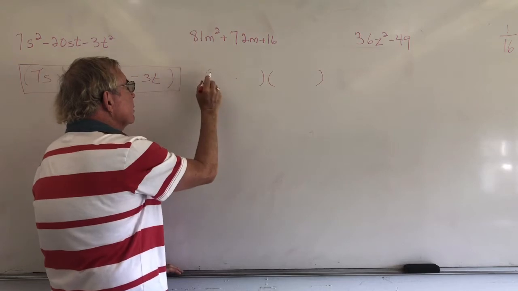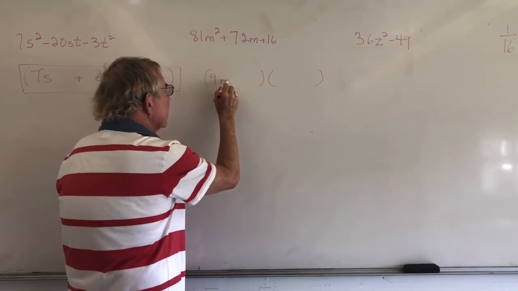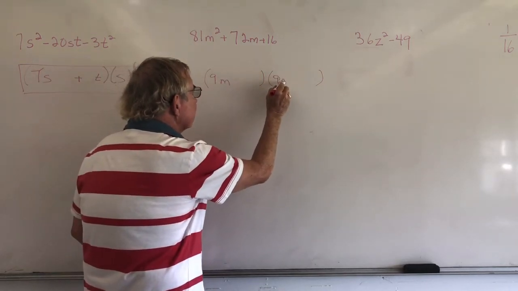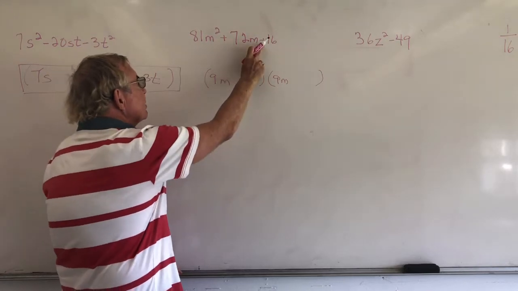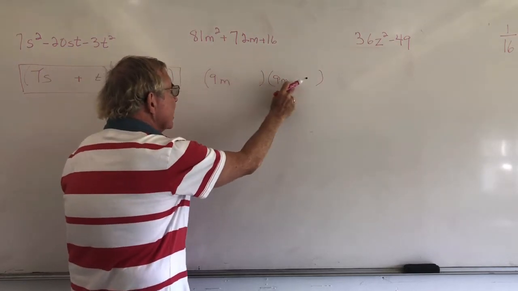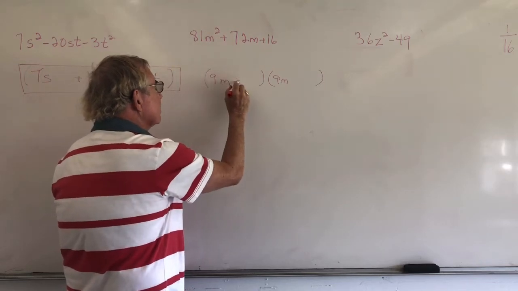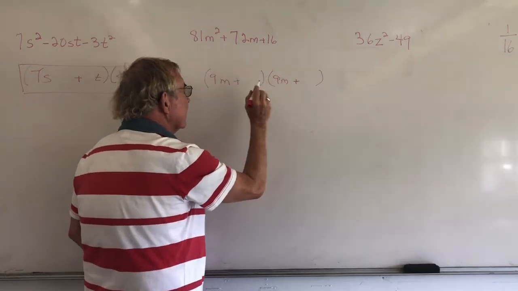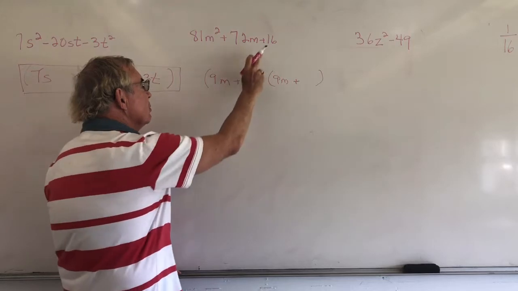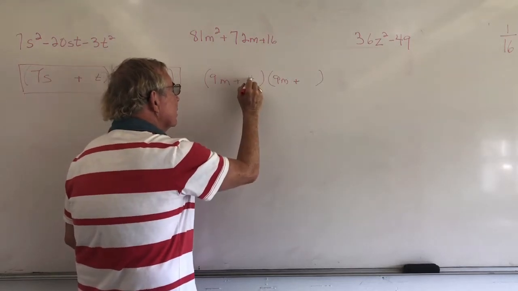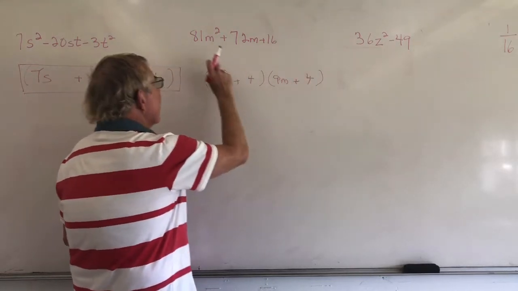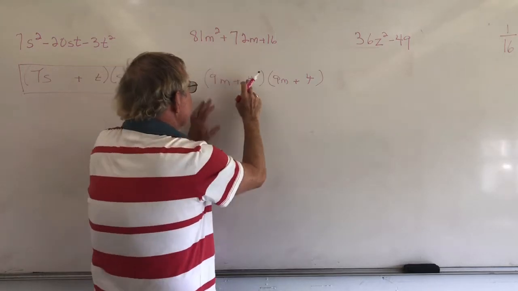Take the square root, 9m, 9m. This sign's positive, so the signs are the same. This is what they are, plus. Now, square root. So we got a trinomial, and there's your squares.